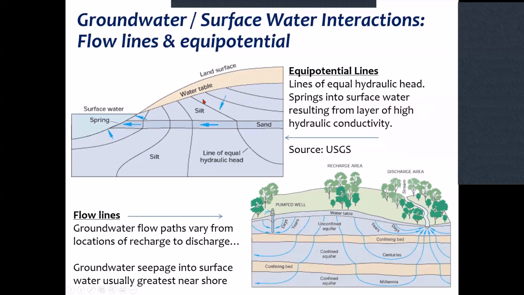You can see that as this equipotential line encounters sand from silt, so silt is a relatively low conductivity compared to sand, then we see that the line bends one way, and that is telling us that we've got a higher conductivity in the sand, so that water will flow more quickly through the sand.